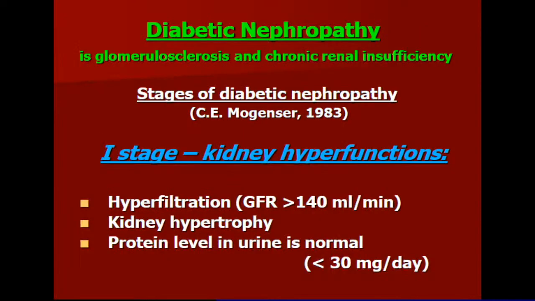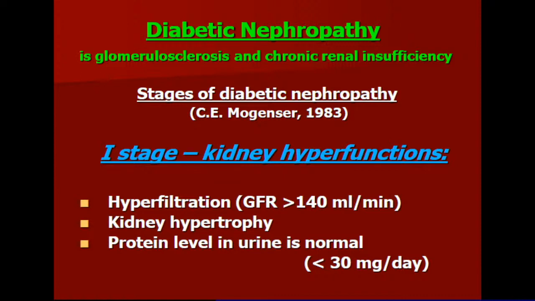The next complication, diabetic nephropathy, is glomerulosclerosis and chronic renal insufficiency. Stages of diabetic nephropathy.